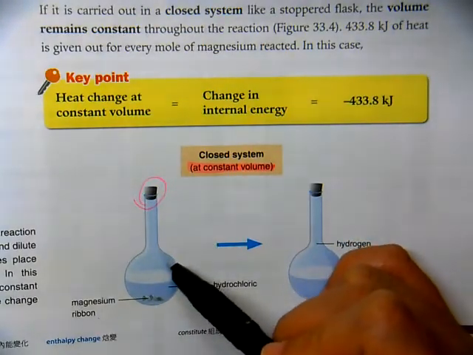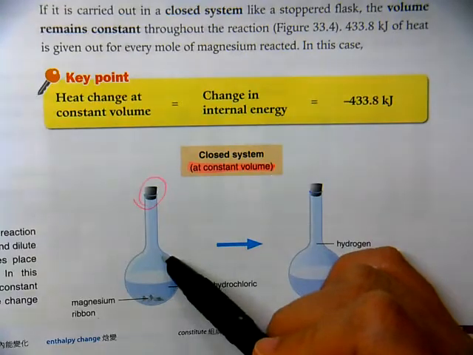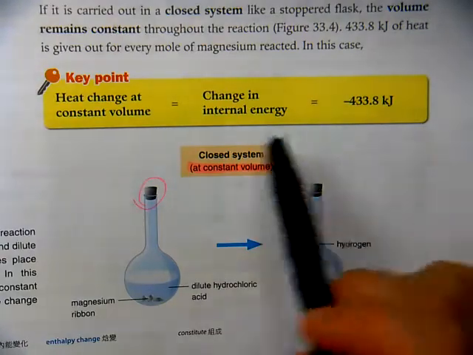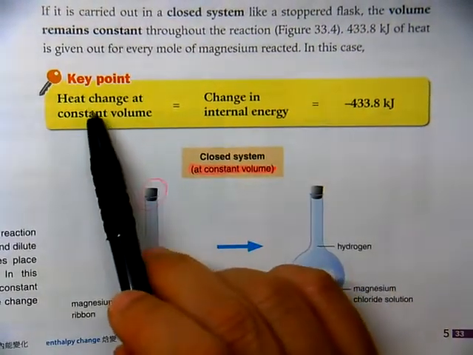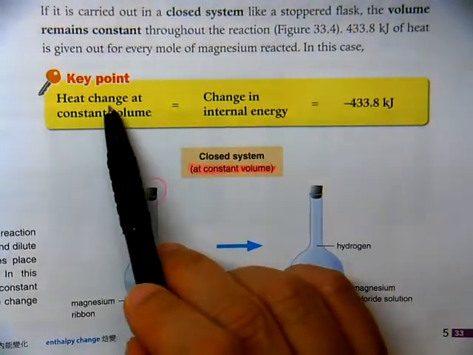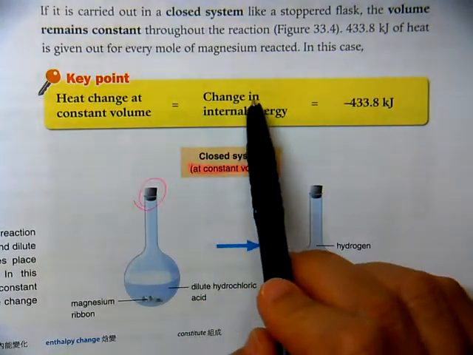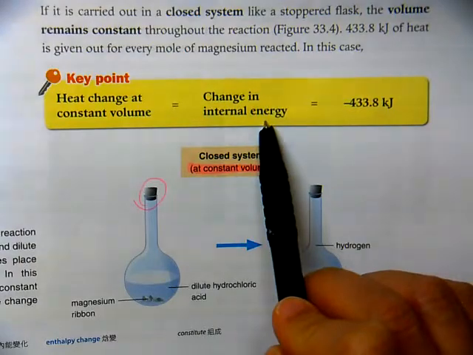The heat change at constant volume is the change in the internal energy. Now, in other words, look at this sentence. Heat change at constant volume is equal to the change in internal energy.